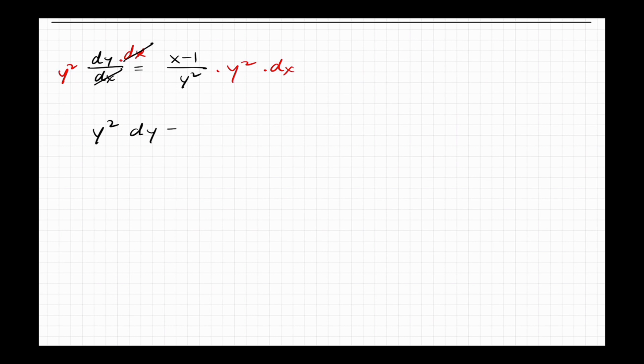So I get y squared dy equals (x minus 1) dx. Integrate. 1/3 y to the third equals x squared divided by 2 minus x plus c.